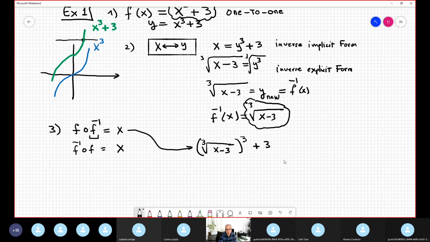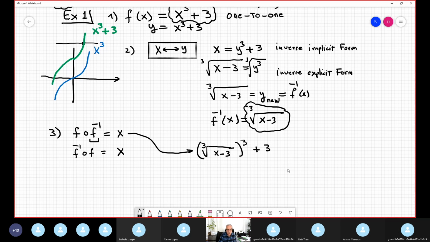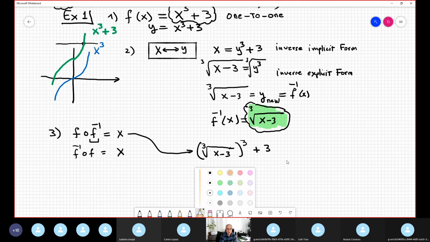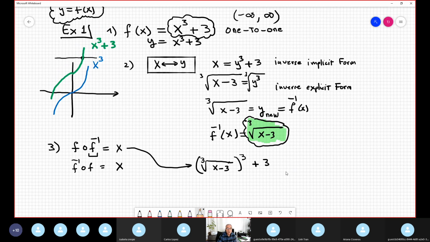Let me use a different color. The green one is the inverse, and the orange function is the original. In this case, the original in orange is the outermost, therefore the green goes completely inside the orange.